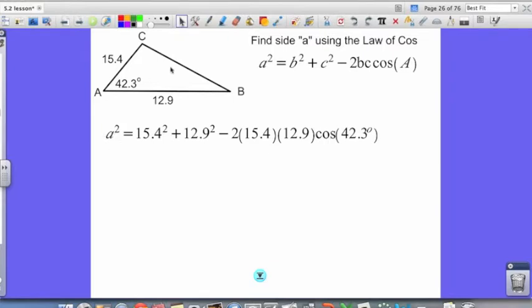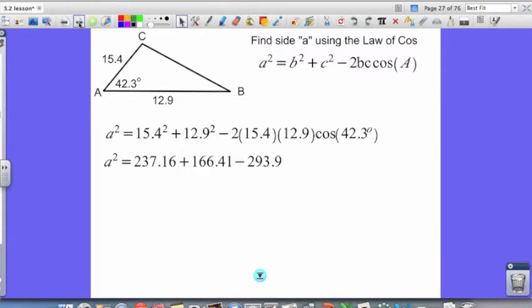A squared, the side we're looking for, is equal to 15.4 squared, which is B squared, plus 12.9 squared, which is my C side, minus 2BC, which is 15.4 times 12.9, times the cosine of 42.3 degrees. At this point, it's just plug and chug into the calculator.